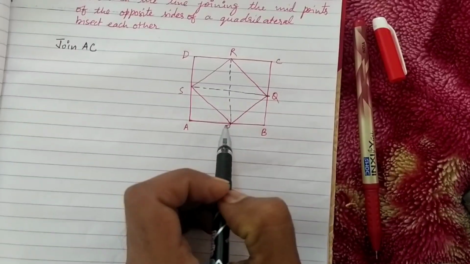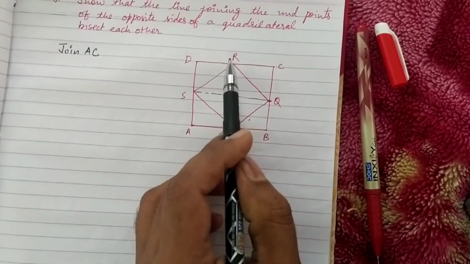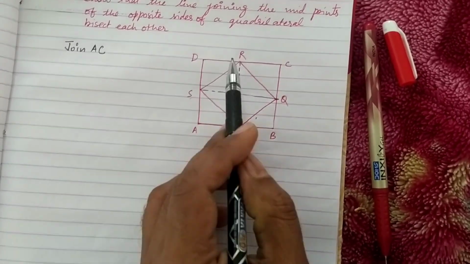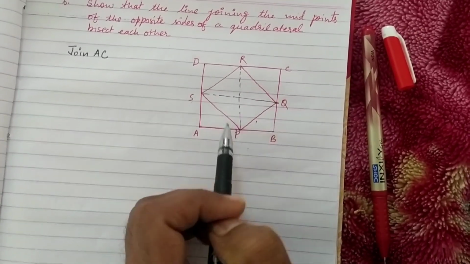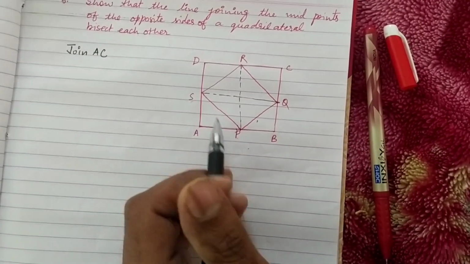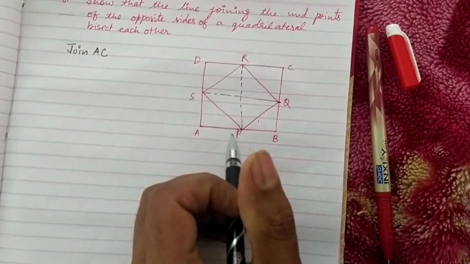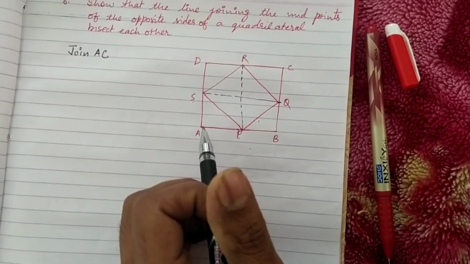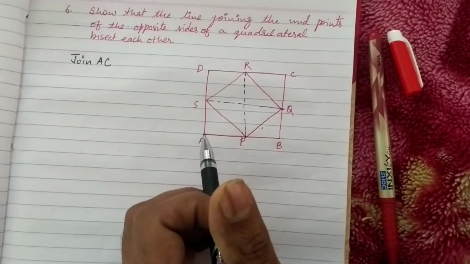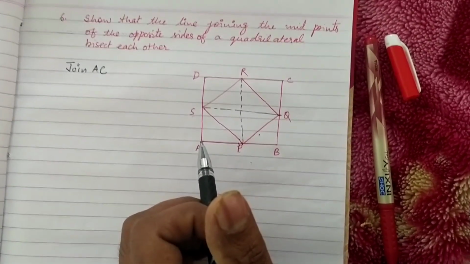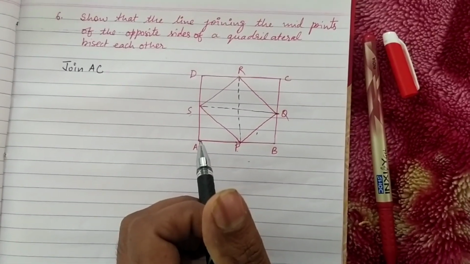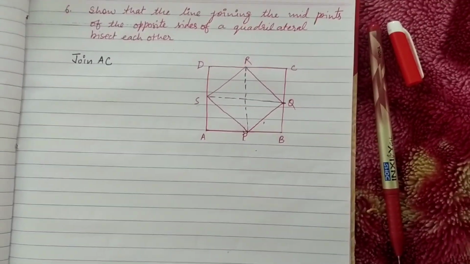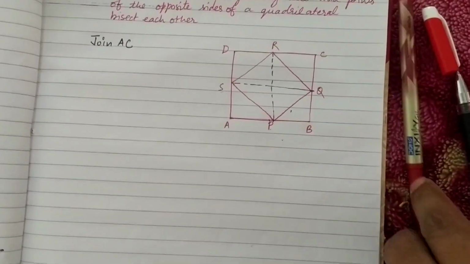ABCD is a quadrilateral in which P, Q, R, S are the midpoints. So what will we do? We will join PQRS and prove it is a parallelogram with the help of midpoint theorem. And once it is proved a parallelogram, the diagonals of a parallelogram bisect each other. It is a property.